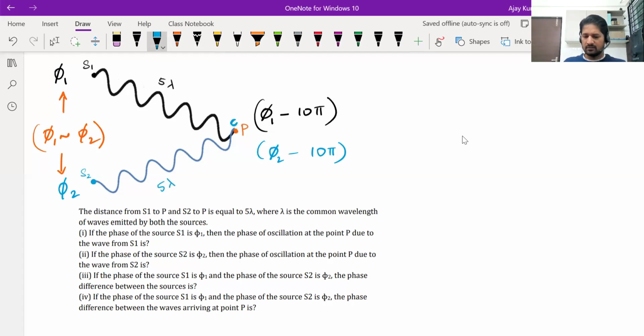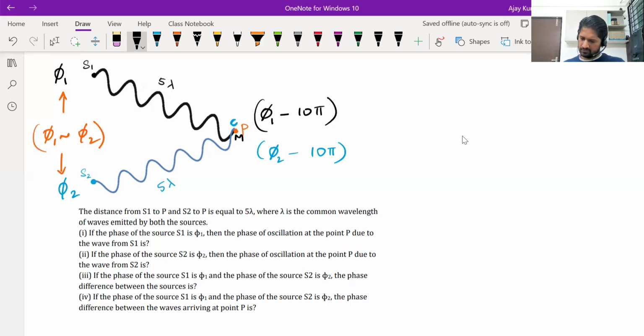From S1, the crest has passed the point P. If you visualize properly, the crest has passed the point P. So they are arriving at point P also with some phase difference. They're not doing the exact same thing when they arrive there. In fact, from S1, the mean position has arrived there. Crest is positive extreme, trough is negative extreme, mean position is the mean value, or the average position.